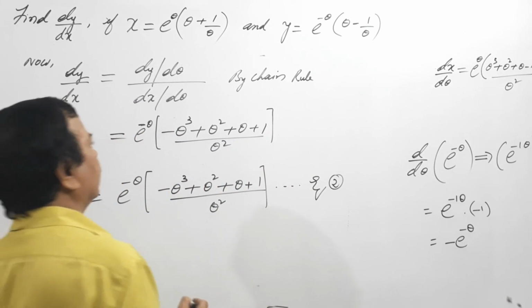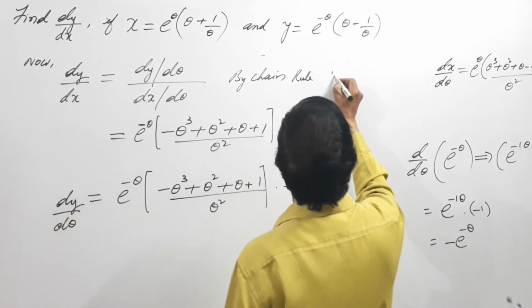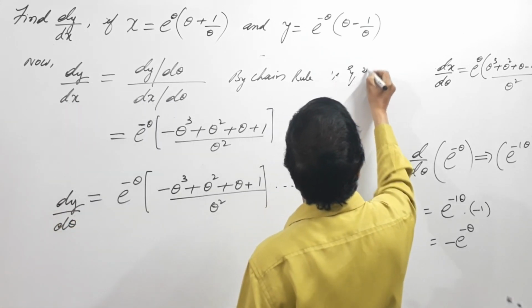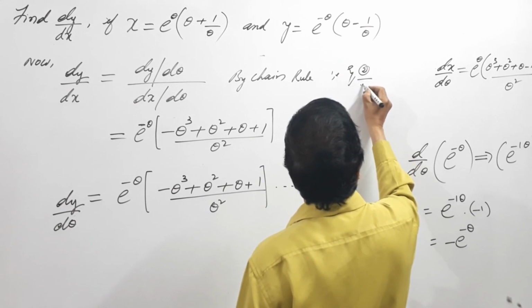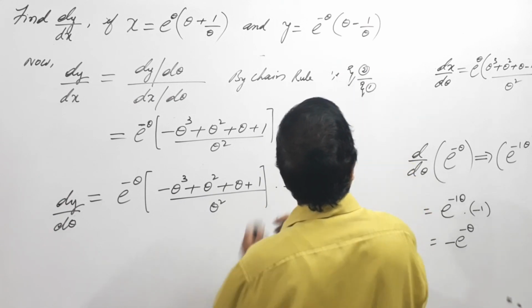So this is our equation 2 divided by equation 1.